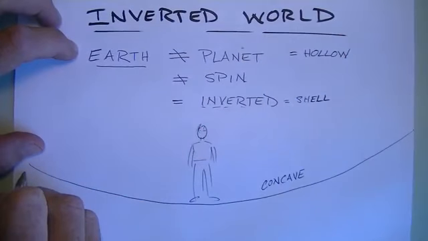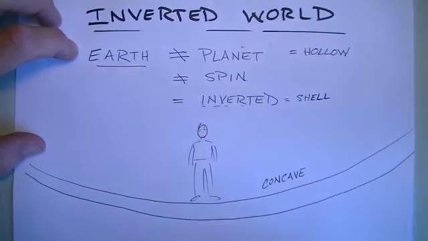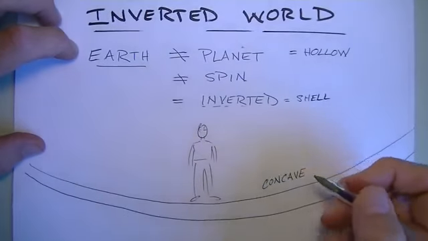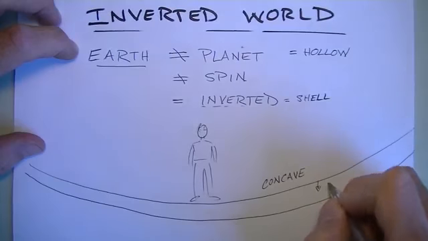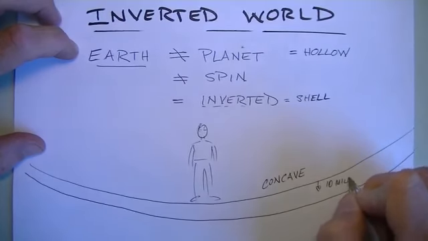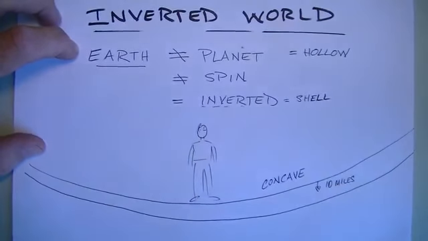The shell, I'm not sure the thickness, but it's not very thick, I would imagine, because firstly, man has not even drilled more than 10 miles beneath the surface of the Earth. Did you know that? And yet they can speculate. All their so-called knowledge of the center of the Earth and the core is all based on speculation.